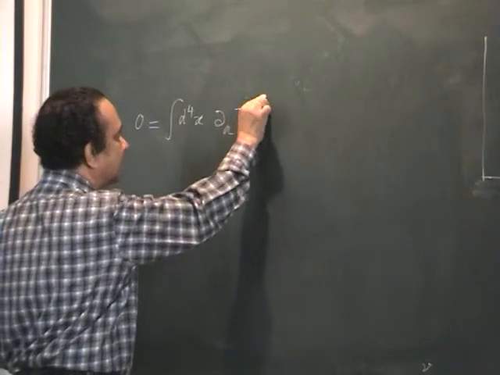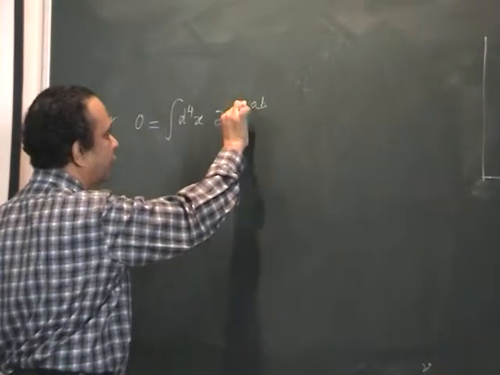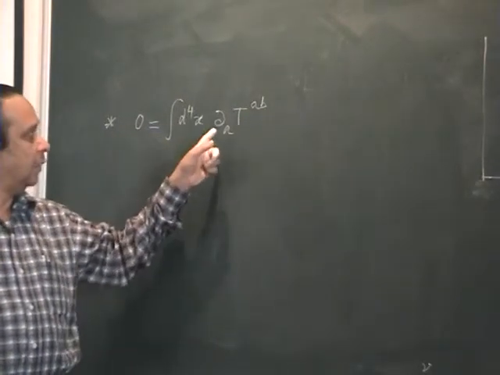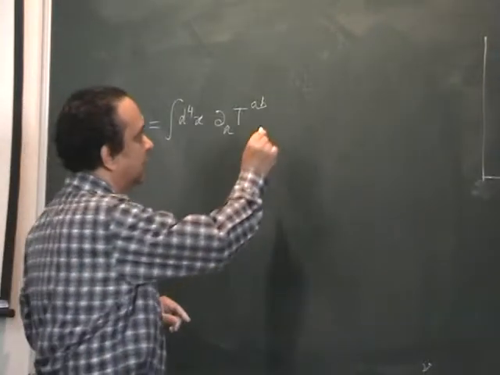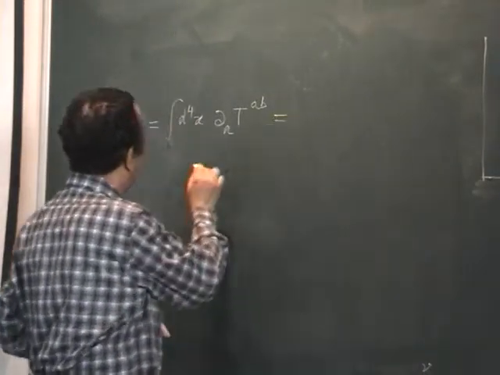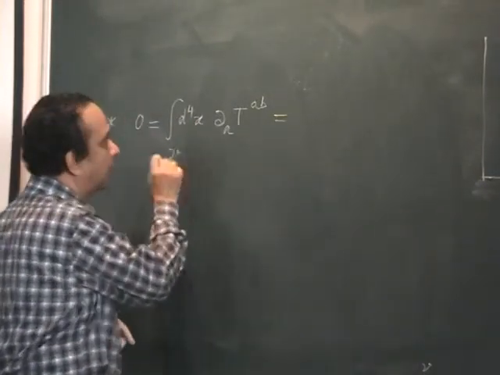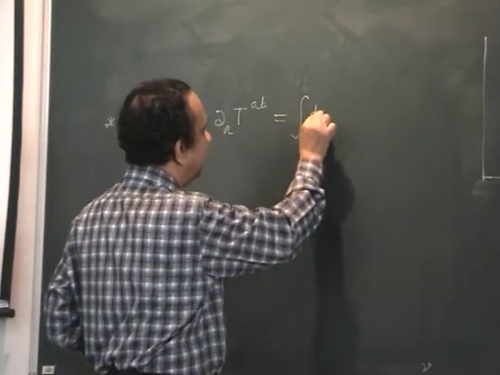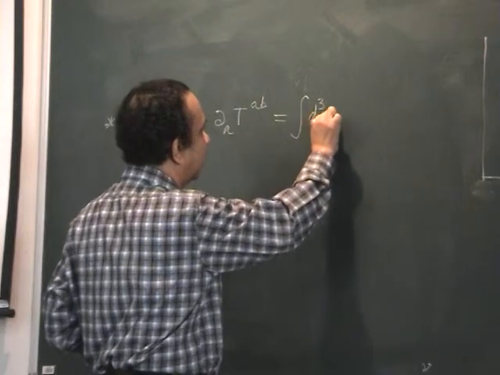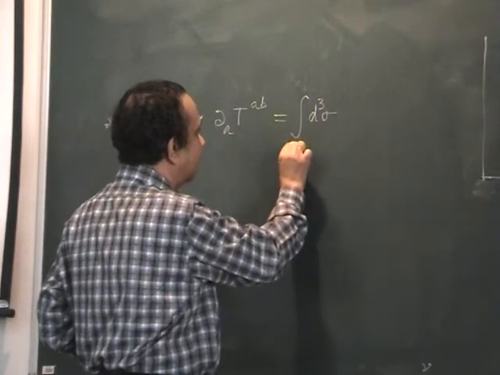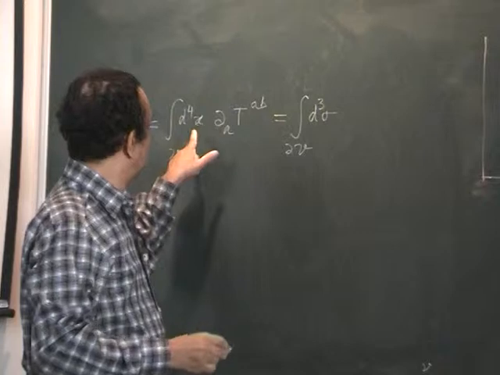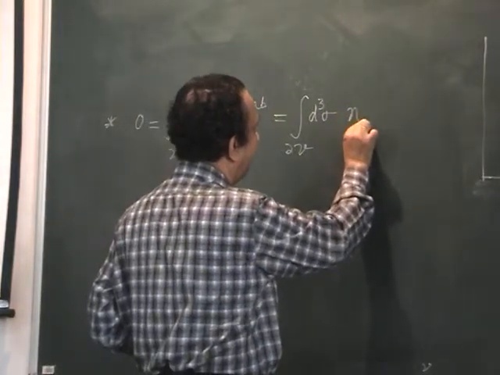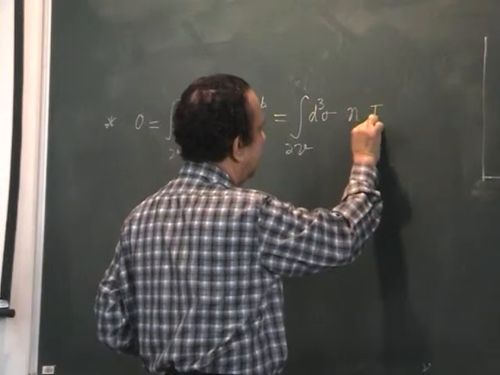Let me write the index b just for convenience. So I have something like this. This quantity is 0 and I'm integrating this over some region, which will give you a boundary contribution, which is the integral over some d³σ, some coordinate on that boundary, times some normal n_A on T^AB.